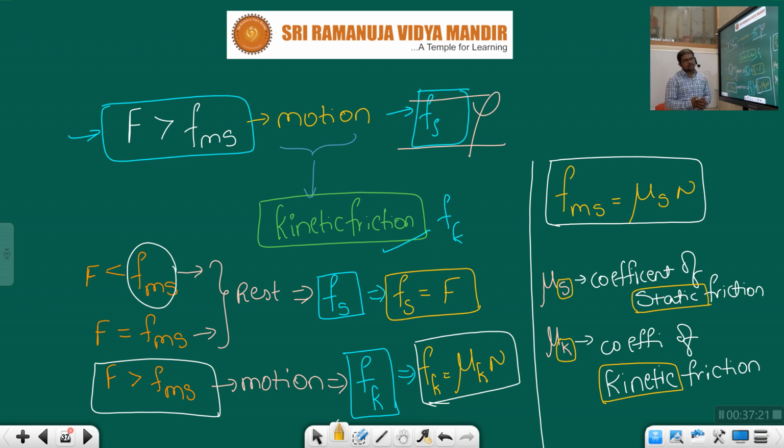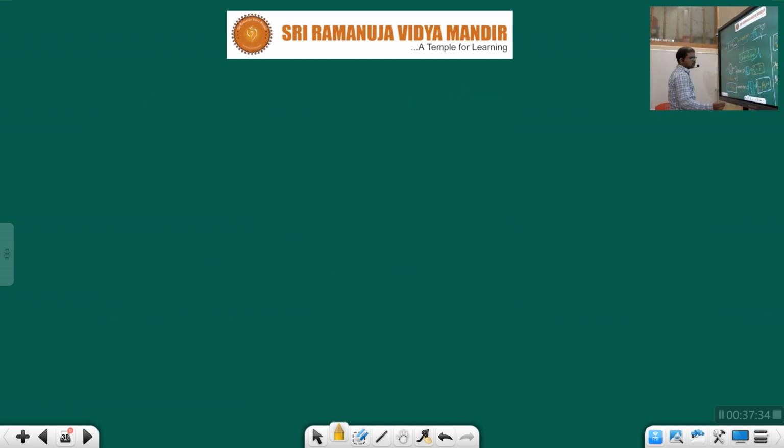As per our requirement, we will solve. In some questions you may not find mu s and mu k. Does that mean the question is wrong? No, the question will always be correct. But what is the thing here? It is the coefficient of friction.